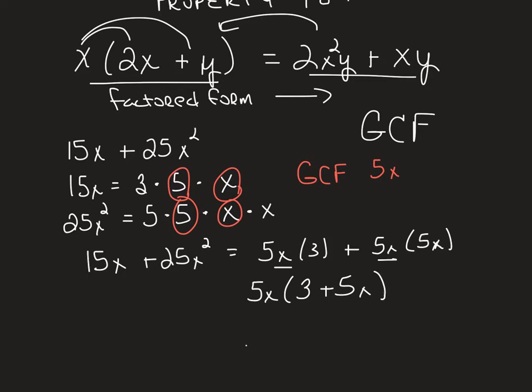Now notice if I use the distributive property, if I multiplied back through, I'd get 15x plus 25x squared, which is what I started with. This is the factored form. We're using the distributive property in reverse. So let's look at a few more of these before we move on to something a little bit more involved.